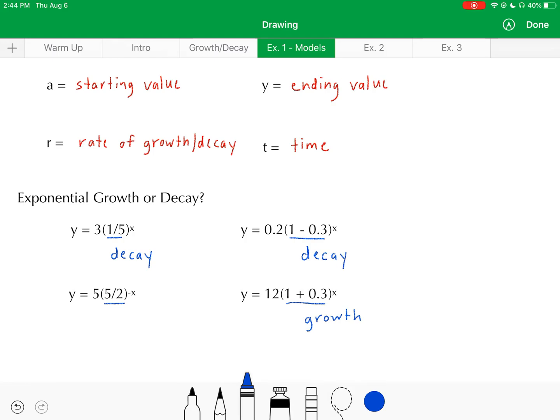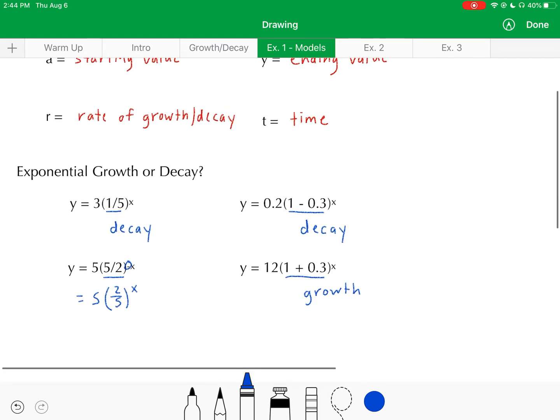However, notice you have a negative exponent, okay? So this is really going to be equivalent to 5 times 2/5 to the power of x. So once I see it written like that, I know that this is a decay situation, okay?